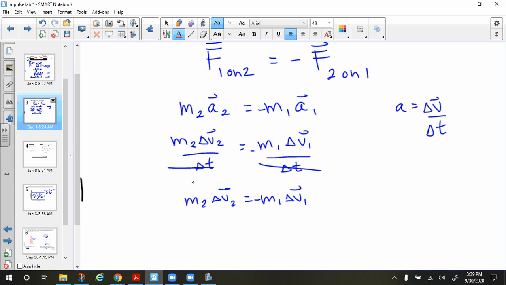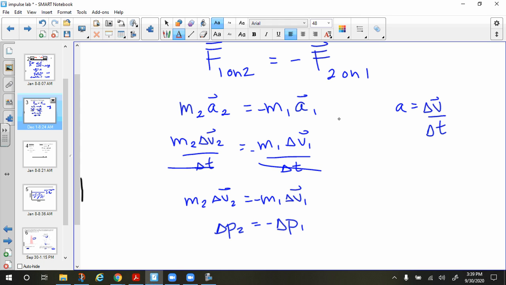All right, so now what this means is this is change in momentum, right? So change in momentum of 2 is equal to negative change in momentum of 1. And this is always going to be the case when two things interact, because this is just derived from Newton's third law. Any two objects that interact are going to put equal forces on each other, equal magnitudes, opposite in direction.